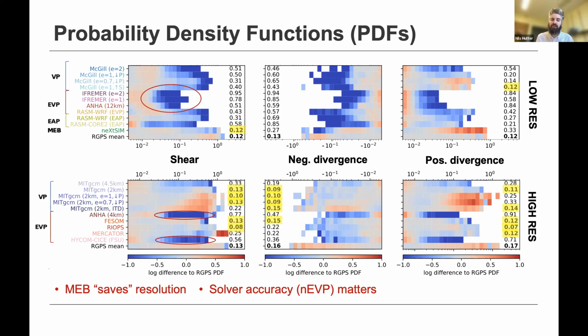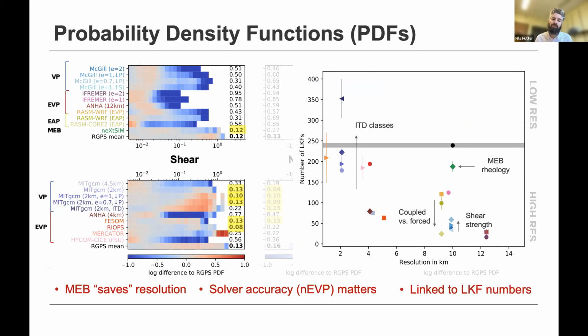And then I want to link this also to the second part of SIREx, the detected LKFs that we find. And actually what we find is that the models that perform well in the probability density functions of deformation rates also show a higher number of resolved LKFs. You can see here on the right-hand side plot where we plot the number of detected LKFs over the resolution.